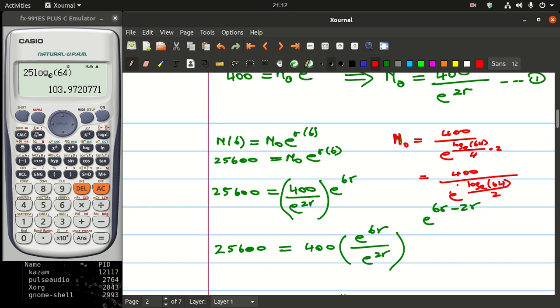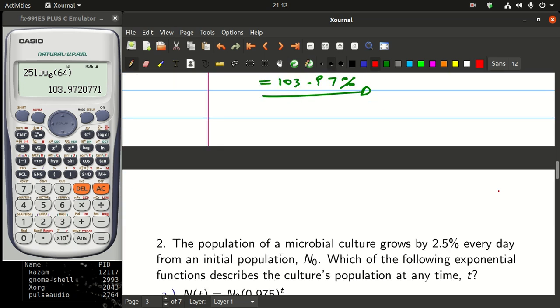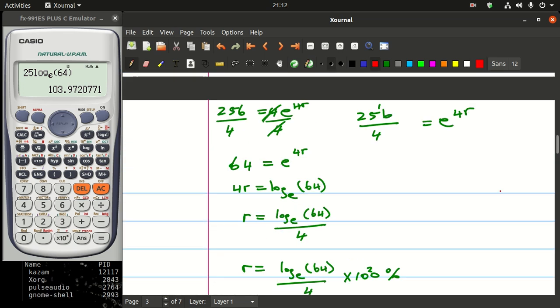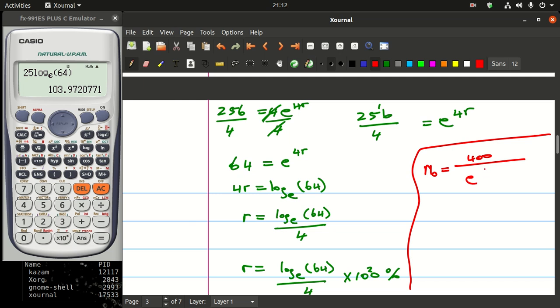Let me write it in a cleaner way down here, so that we can see and copy it. So our N naught is equal to 400 divided by e raised to log e of 64 all over 2. But you can just press it in the calculator, or you can use the rules of logarithms.